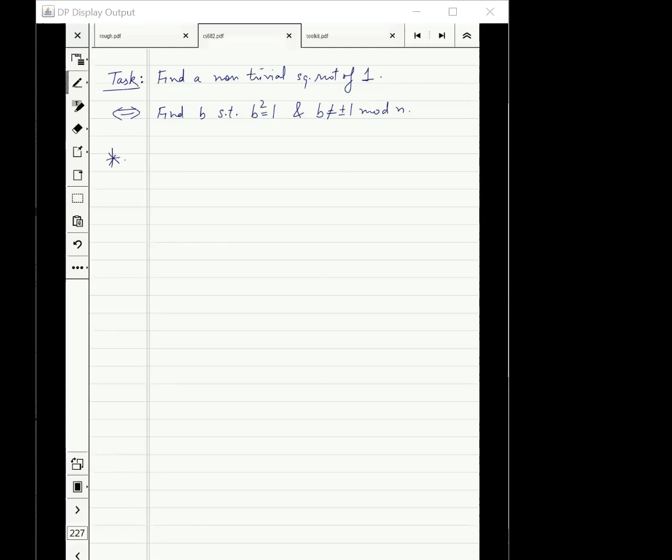Deepji's suggestion is to find an element A such that order of A is equal to 2, and obviously A is not equal to plus minus 1. I have not used A before, right? So A is free. Good. And this we might be able to do because we have the magic box for order.